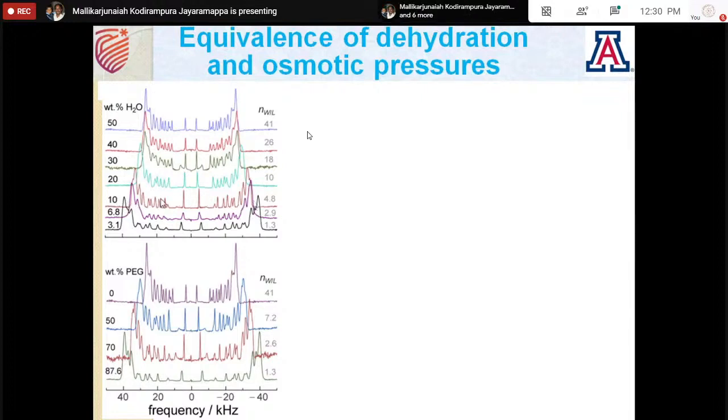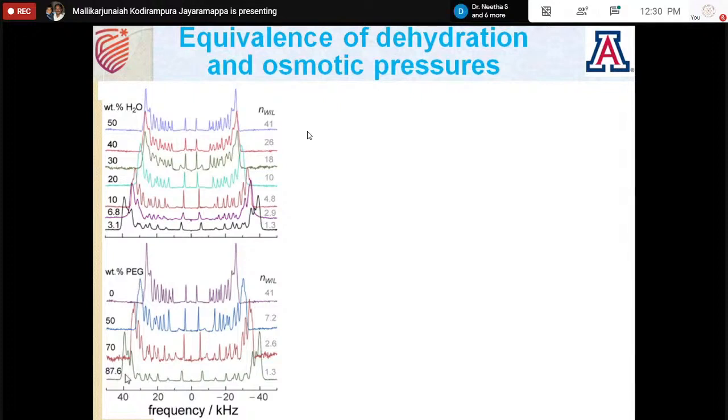you can see that there is a substantial change in the splitting between these two peaks. The same thing happened when I started adding more polyethylene glycol to this lipid water system, where we had 50% water and 50% lipids. When we added more polyethylene glycol, it started taking out water from the lipid water system.